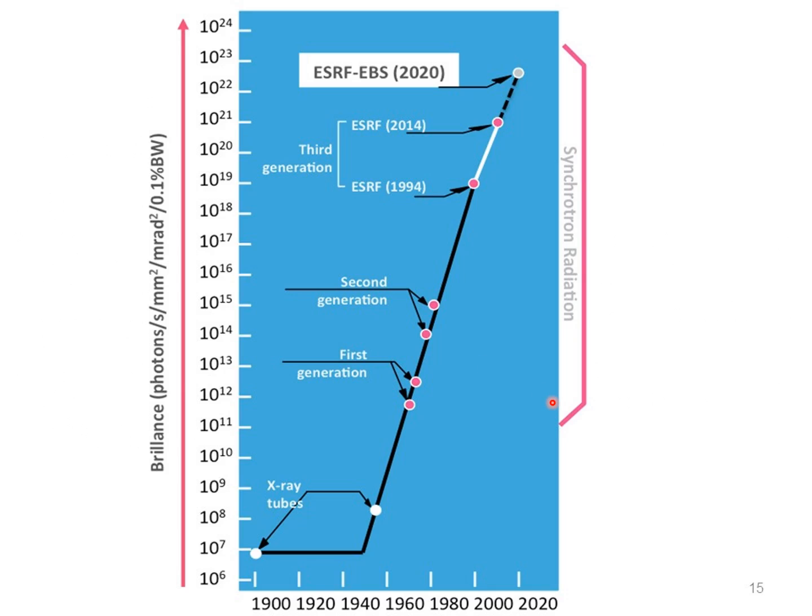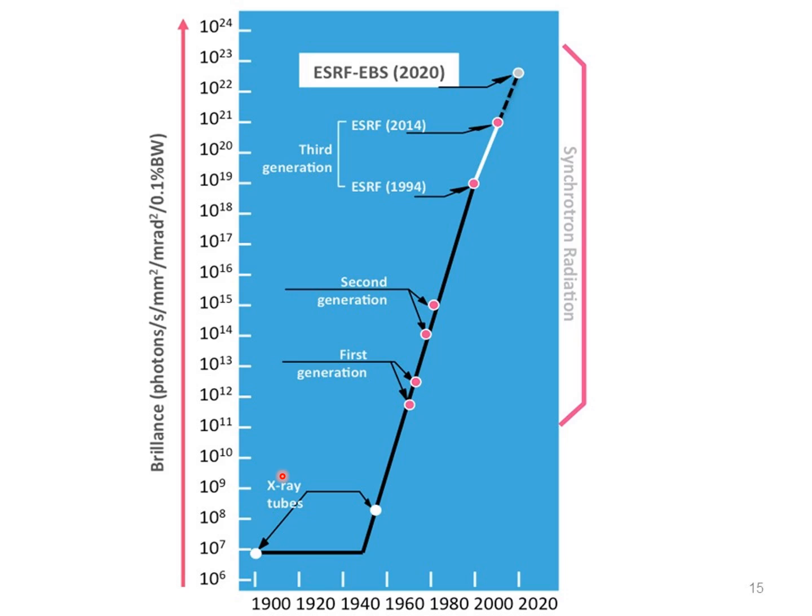This is synchrotron radiation, and here is the brilliance, photons, and seconds, millimeter squared, milliradian squared, 0.1% bandwidth.